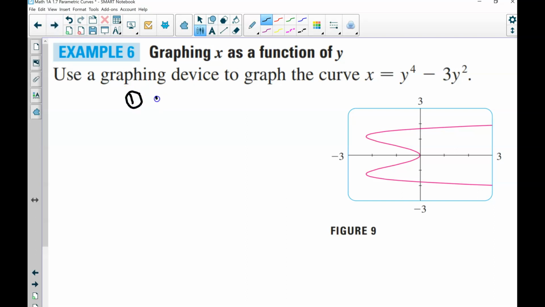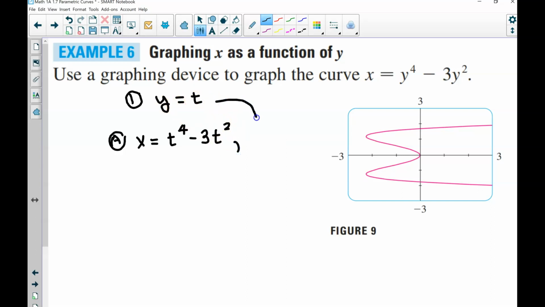So what we can do is let y equal t, and then substitute it into the equation for x. We'll call that first equation a. Now x is going to equal, instead of y to the fourth, t to the fourth minus 3t squared. So that represents the parametric equation for x. But we also need a parametric equation for y.